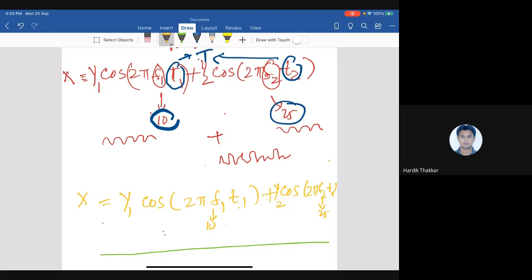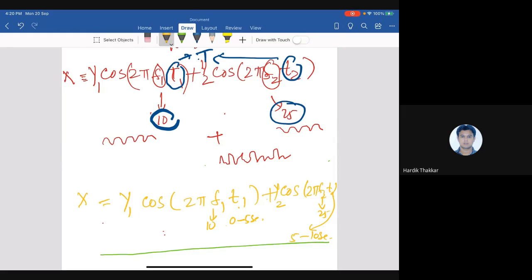What I did with t1 is that t1 runs from 0 to 5 seconds, then t2 runs from 5 to 10 seconds. I just varied t1 and t2, and this signal would be completely non-stationary in nature.